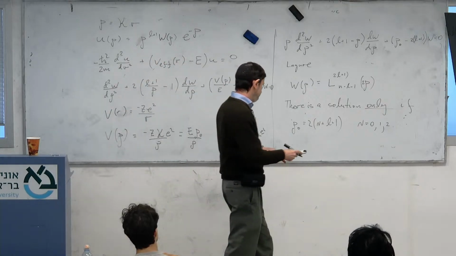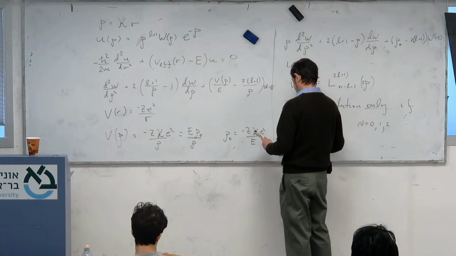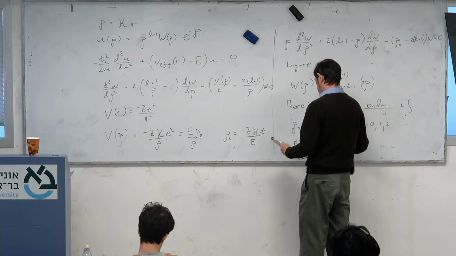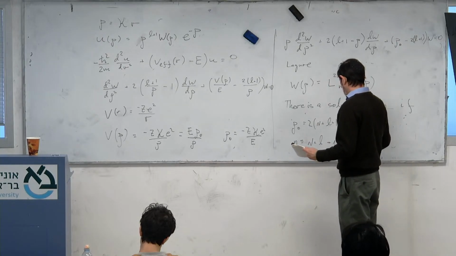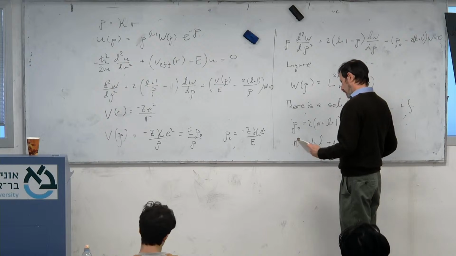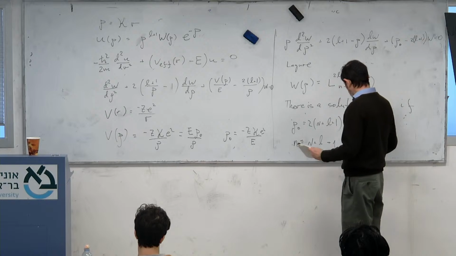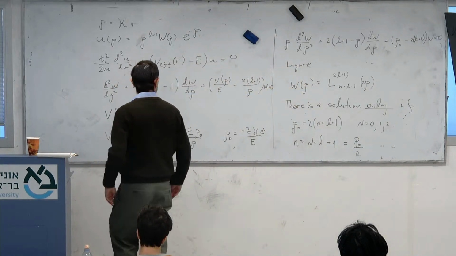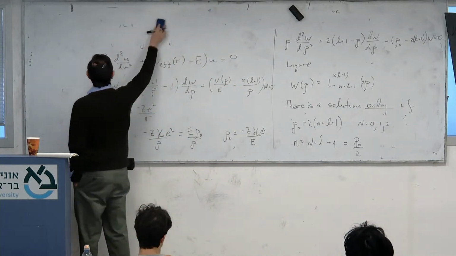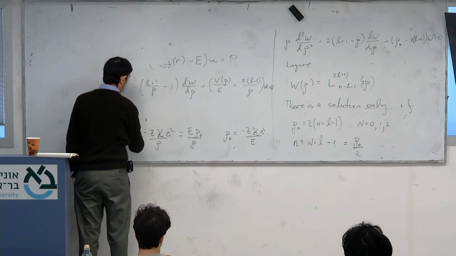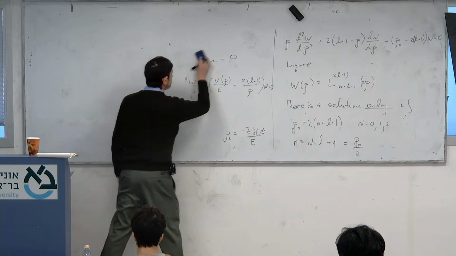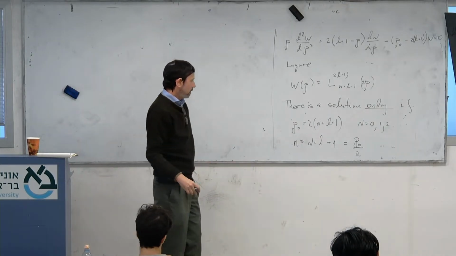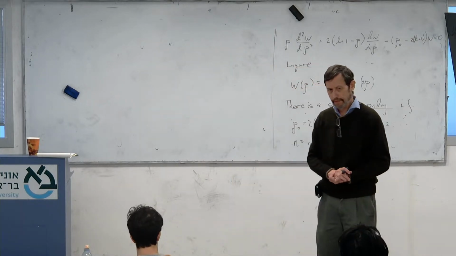Let's write down n, two. Okay, and actually here we have already the energy. Why?